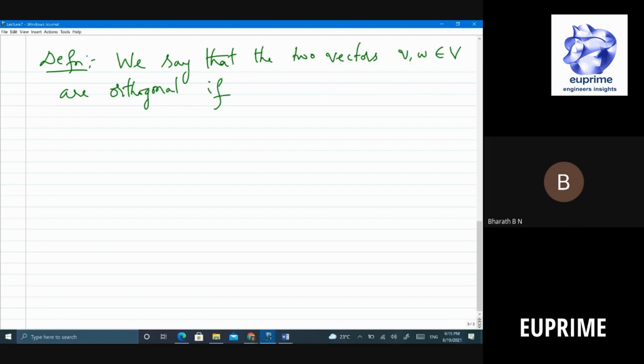So how do I generalize this? You take the inner product of these two vectors, and it should be 0. Then we say that the two vectors are orthogonal.